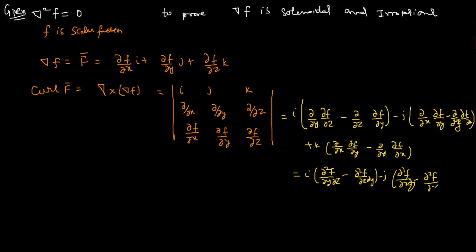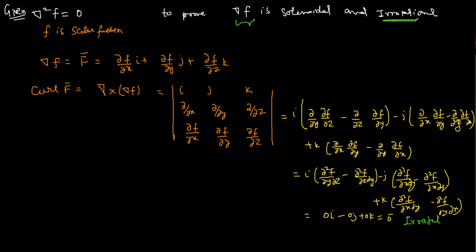Del square f upon del x del y, del square f upon del y del x. Every term is cancelled with each other, right? You are getting vector 0. Curl is 0. Curl is 0 means this is irrotational. So in the first part you have proved that it is irrotational. Understood?